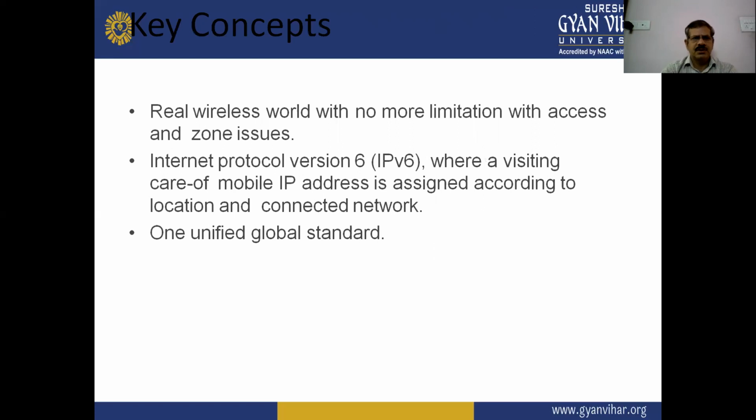The key concepts. A real wireless world with no more limitation with access and zone issues. Internet Protocol version 6, IPv6, where a visiting care-of mobile IP address is assigned according to location and connected network. One unified global standard.